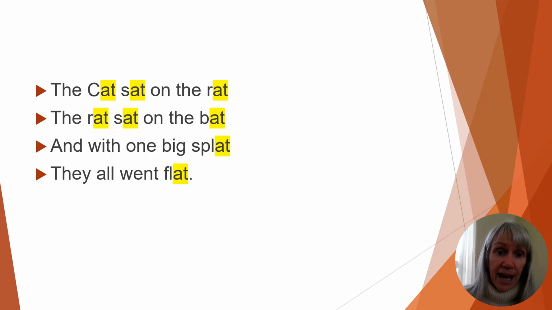I still have cat sat, rat sat in the middle of my line that rhymes, but in true rhyme, especially in poetry, we're looking at that ending sound at the end of a line. We have a repetition of at in all of those lines, so that is what we're hearing. That is rhyme.